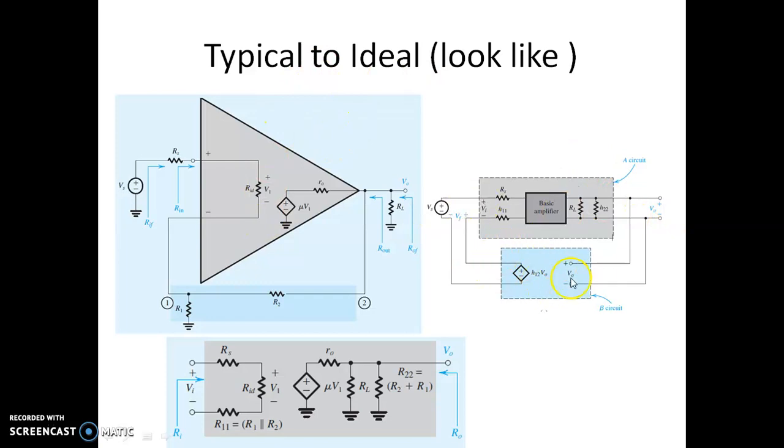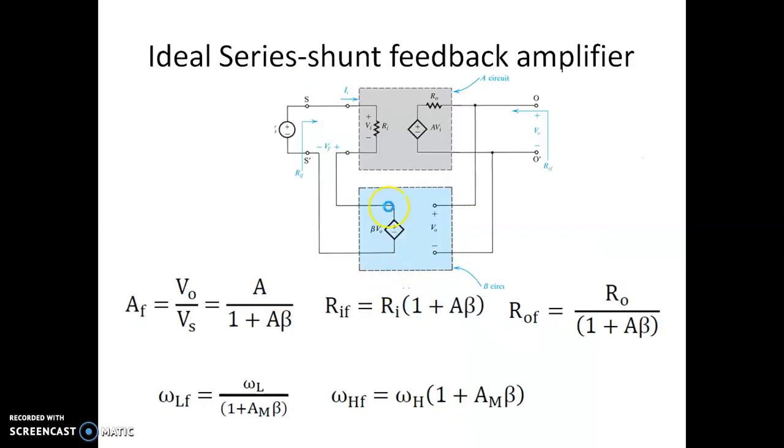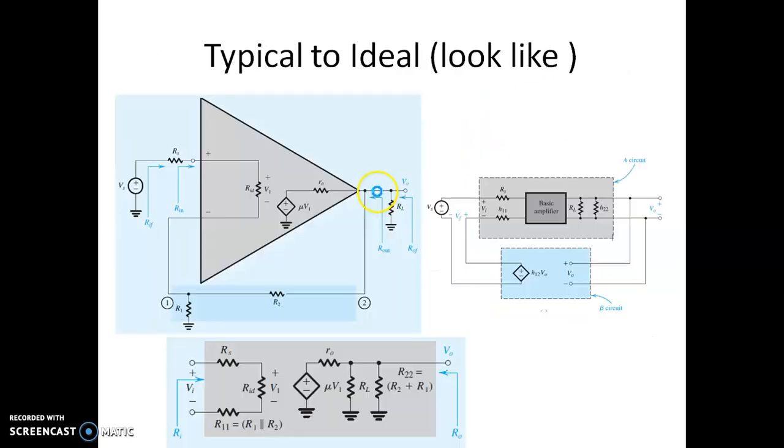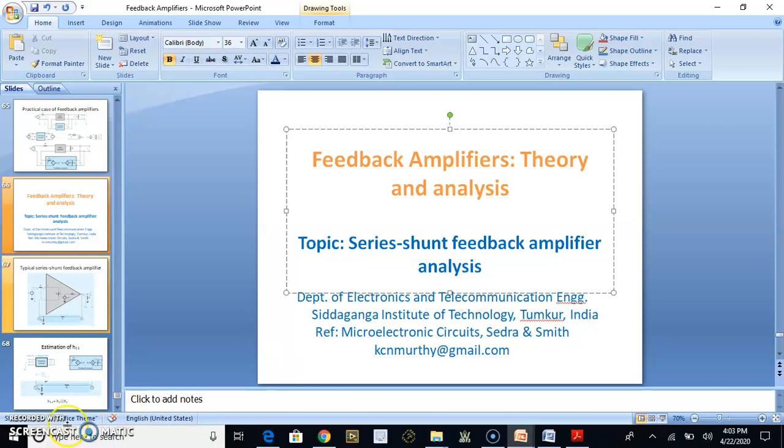It is not exactly an ideal one, but it will now look like an ideal one because we know that this is the ideal thing. So this should have zero resistance, and this should have open circuit, and this is again open circuit, and this should not have any series resistance. You can see these two are exactly the same. So can you see here these two are, let me just make one small change.